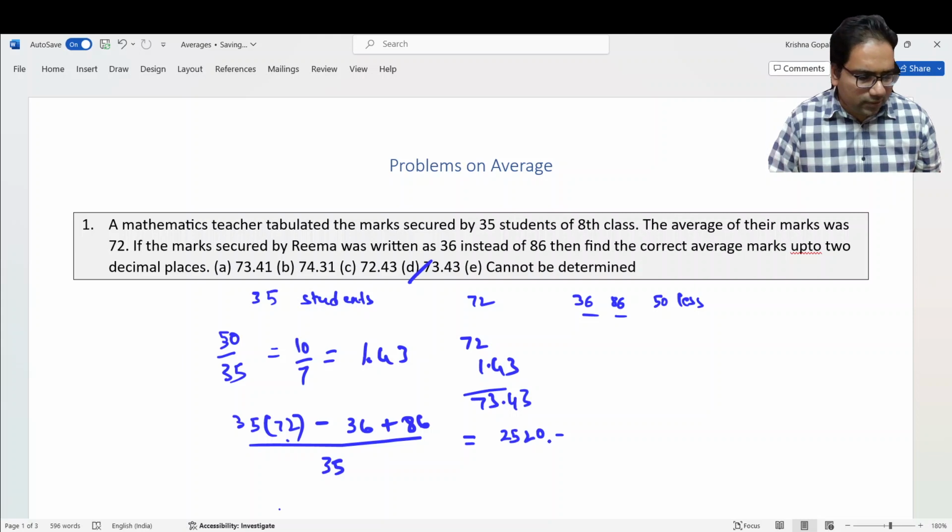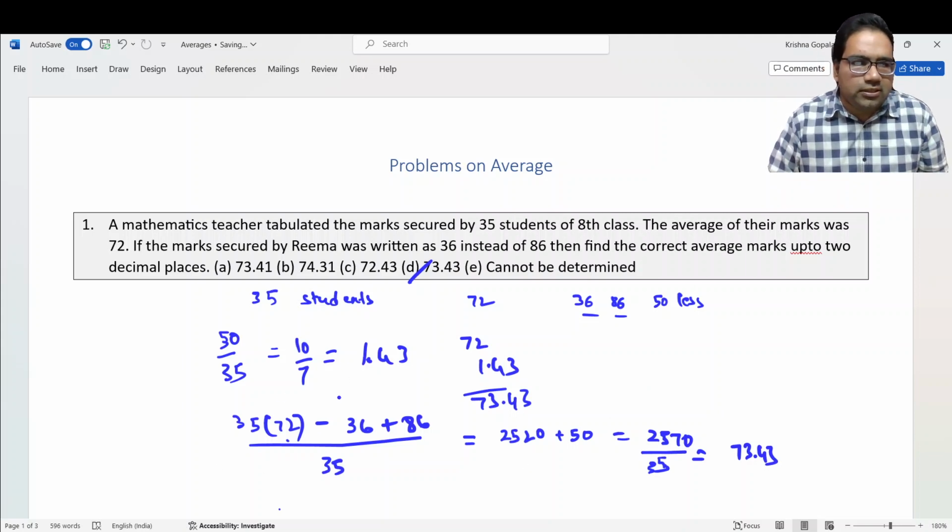2520 minus 36 plus 86, that is plus 50, gives 2570. 2570 by 35, if you do this, you will get 73.43. But this is all a very cumbersome process, right?